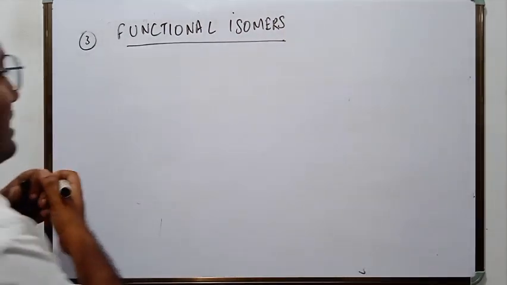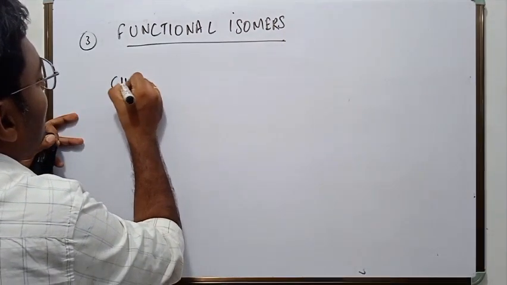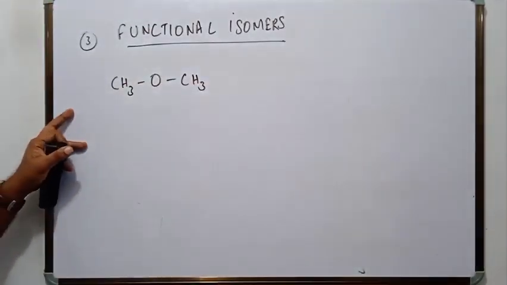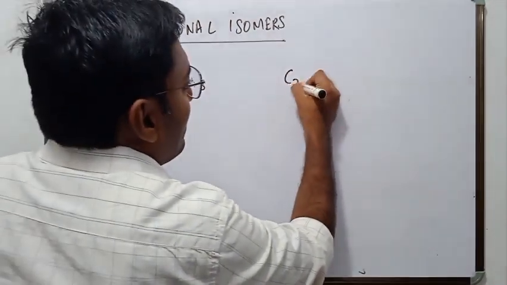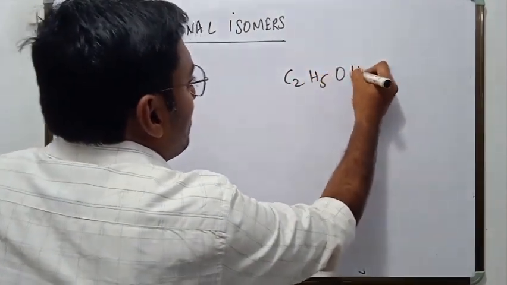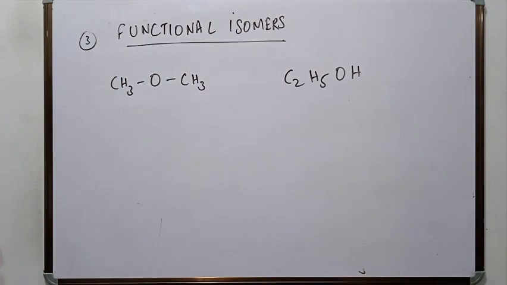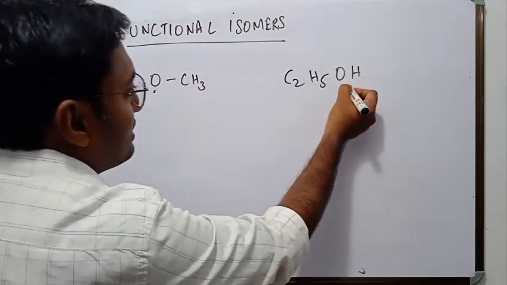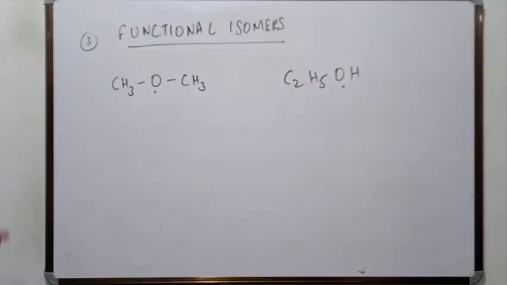Let us see an example and understand it better. This is dimethyl ether, and this is ethanol. Both of its molecular formula is same. What is different is the functional group. Here it is an ether, here it is an alcohol. Let us look at the second example.